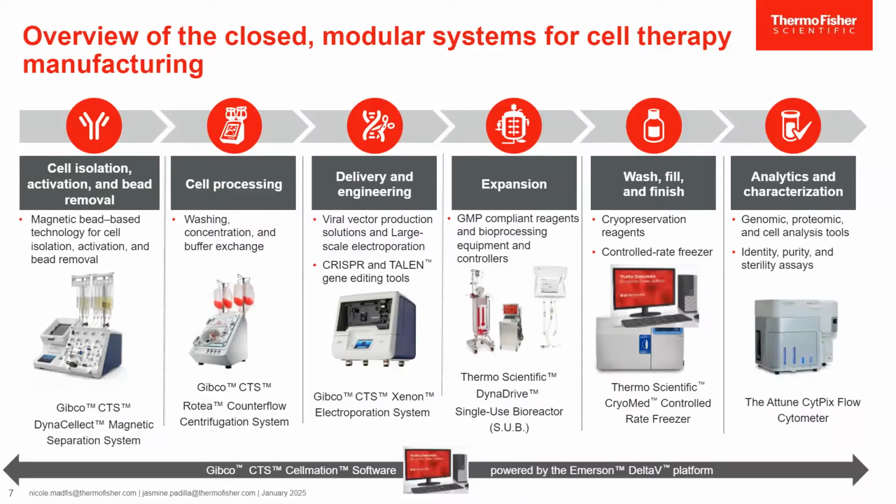At the final quality control step, the end product cells undergo comprehensive analysis, including genomic, proteomic, and cellular assessments, as well as identity, purity, and sterility testing to ensure they are safe and functional for the patient. The Invitrogen Attune CytPix flow cytometer plays a key role not only in this final QC stage, but also throughout earlier workflow stages.